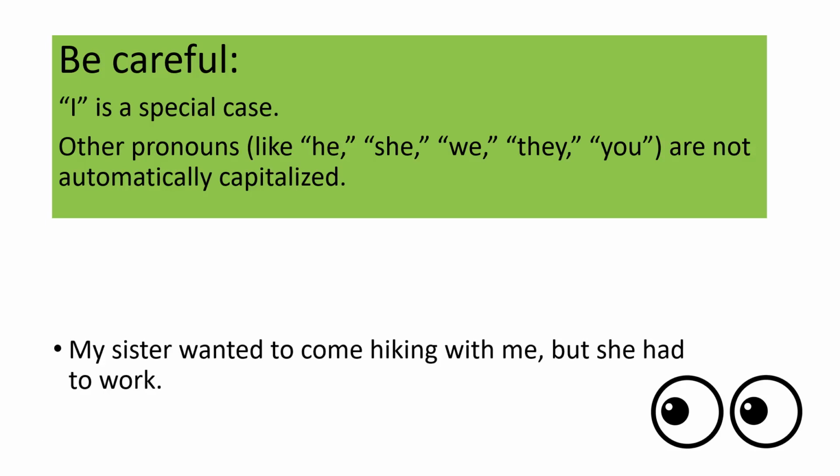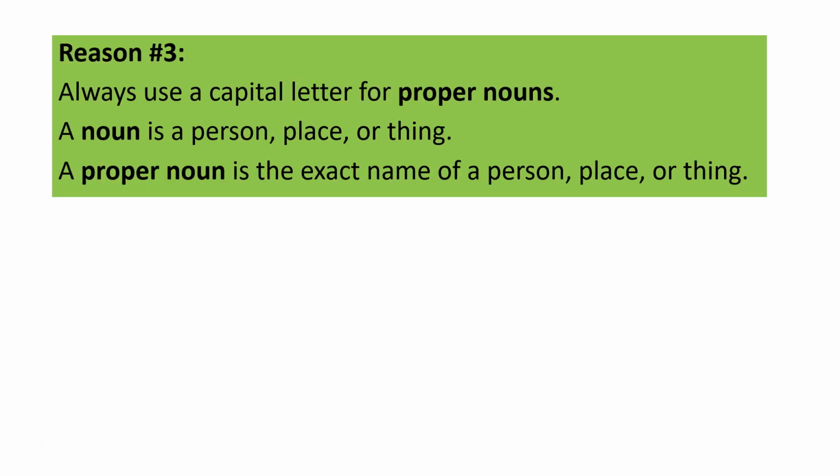My sister wanted to come hiking with me, but she had to work. In this sentence, we have the pronoun she, but it uses a lowercase s. And the reason is because it's not the word I. The word I is special, but he, she, etc., those are not automatically capitalized.